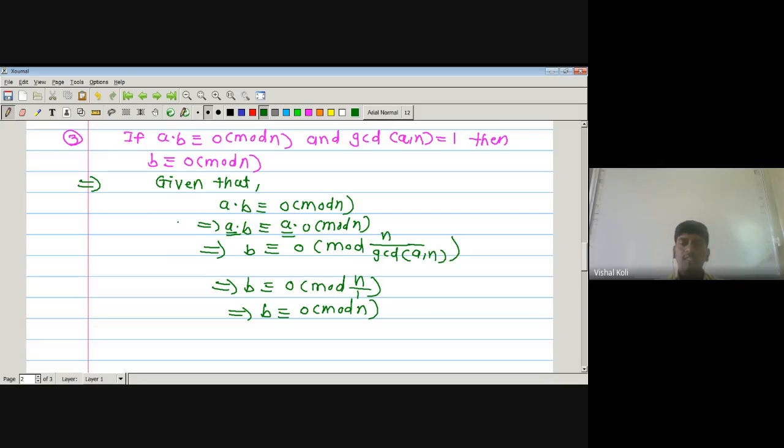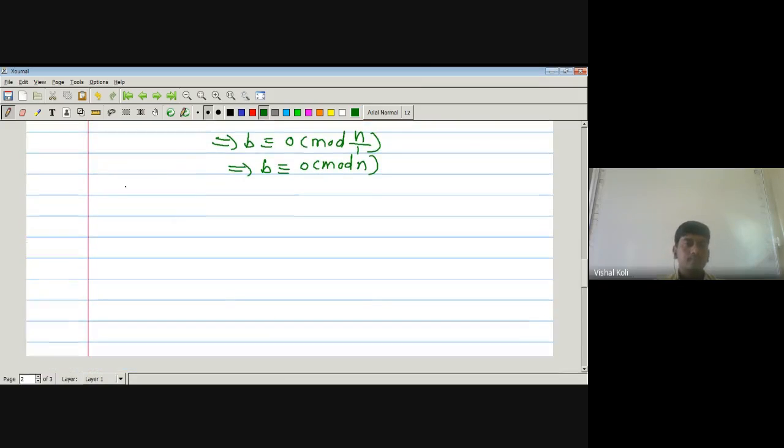Now, let us see one example. 3 into 6 is congruent to which number modulo 2? Take n as 2, which is relatively prime to 3. 3 into 6 is 18.